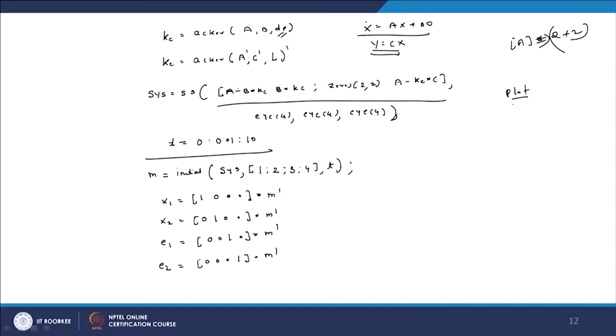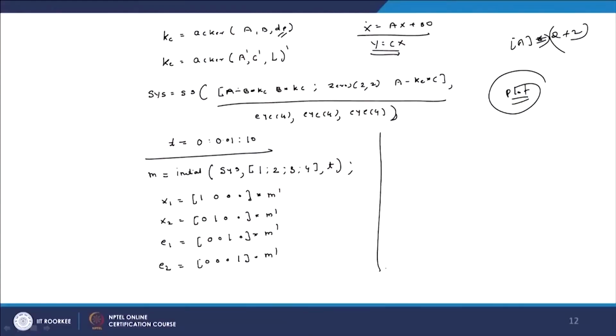There are 4 responses, so we can draw all these 4 plots on a single graph, or in a single window, or individual windows can be taken. But now we want all these results in one window or one graph. Therefore, we have to use the command subplot.